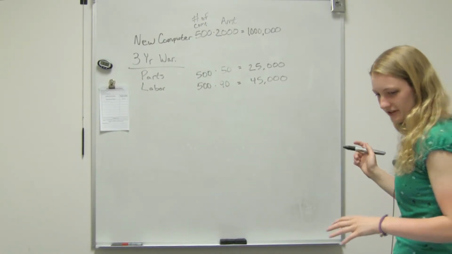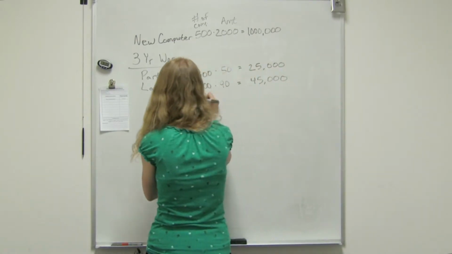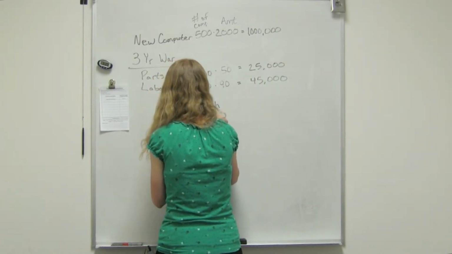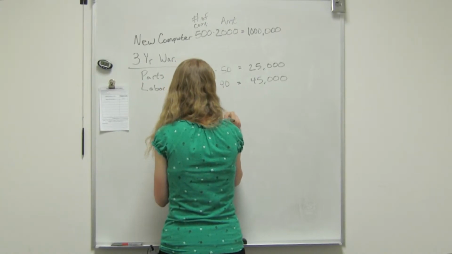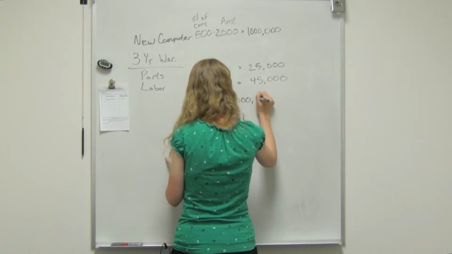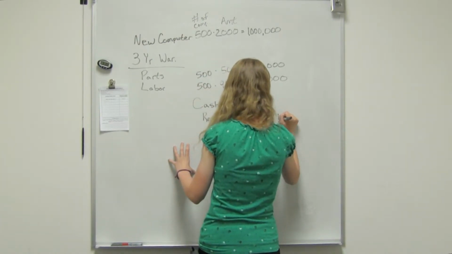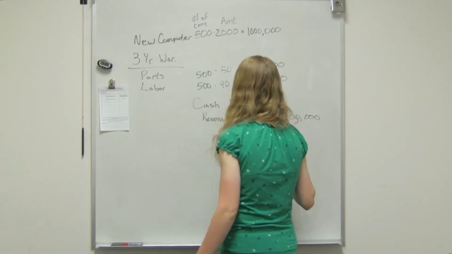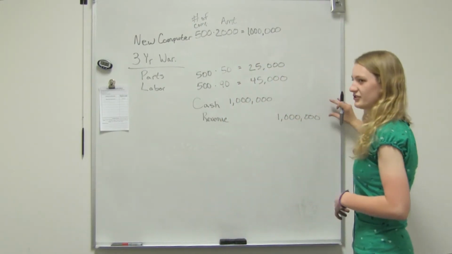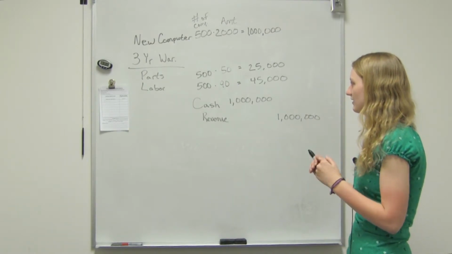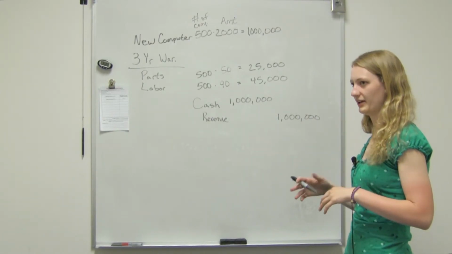So to do the journal entries, we're going to have our cash and revenue account of 1 million. That's the first transaction that happens. And then second, what we have to do is record the liability.